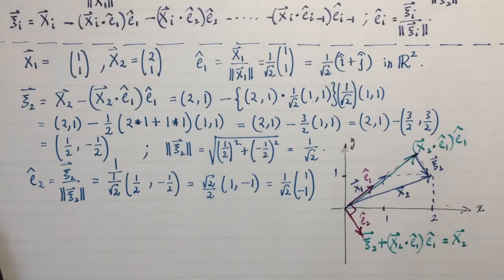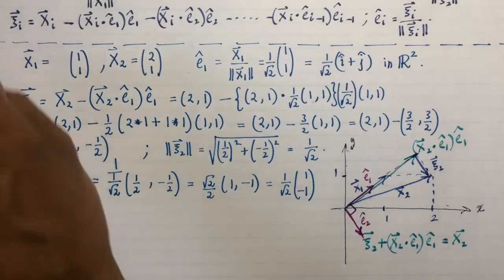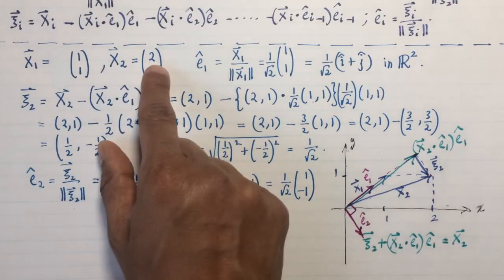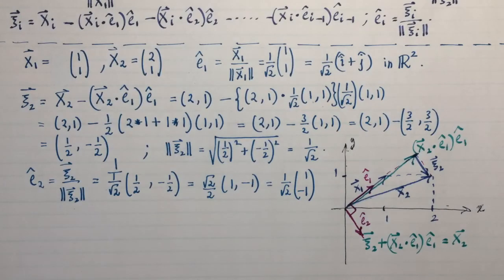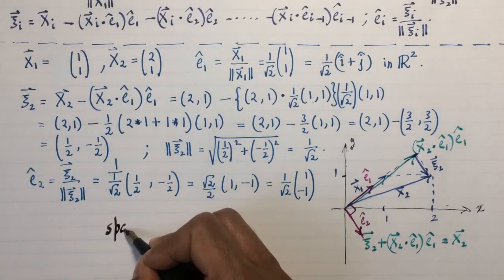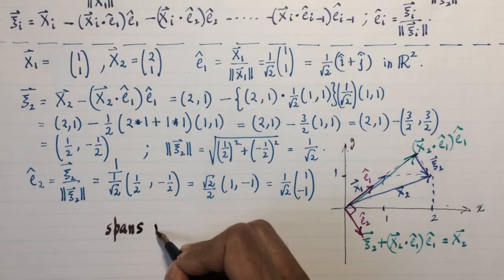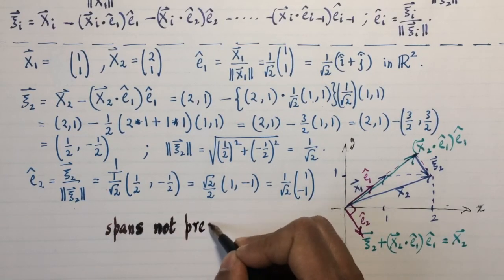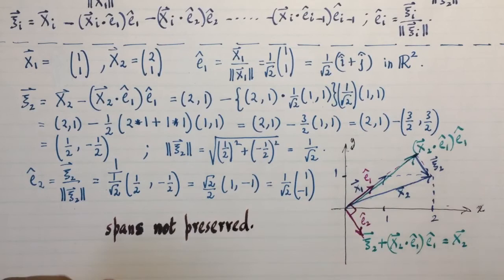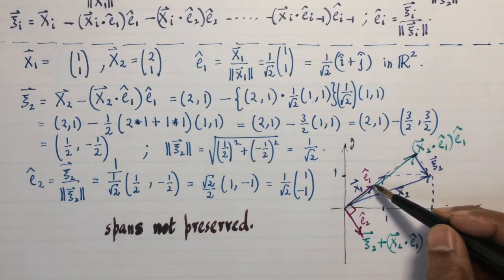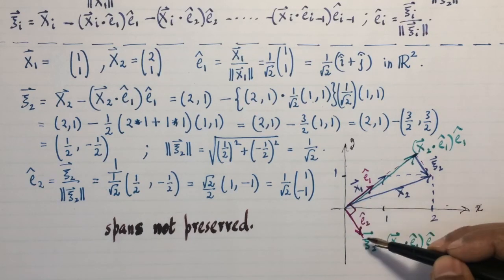Now I have to warn you that this Gram-Schmidt procedure does not respect the original eigenvalue problem, because these two were the eigenvectors of the eigenvalue problem. They were the span of that eigenvalue problem. So the spans are not preserved. In other words, I cannot claim that E1 is still an eigenvector with the same eigenvalue, but E2 is not.